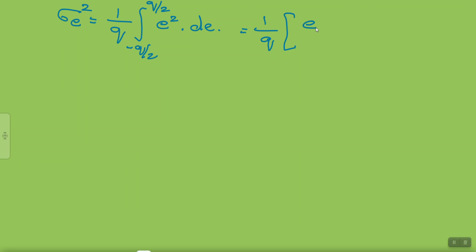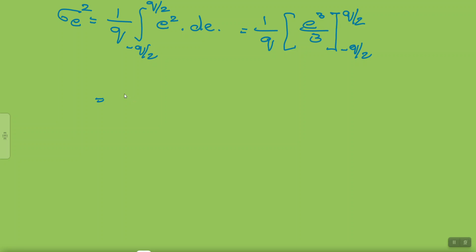So sigma e square is equal to 1 by q integral from minus q by 2 to plus q by 2 of e square de, that's equal to 1 by q into e cube by 3, from minus q by 2 to q by 2.